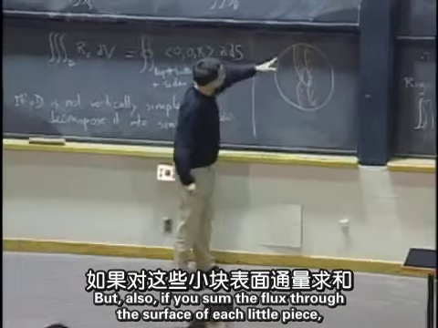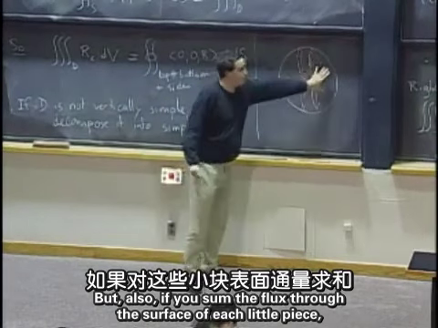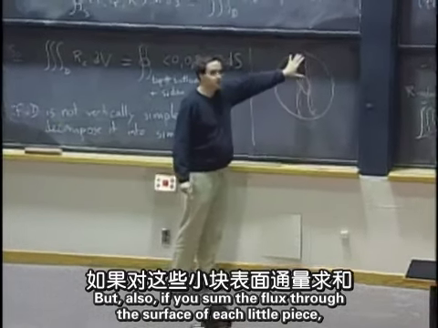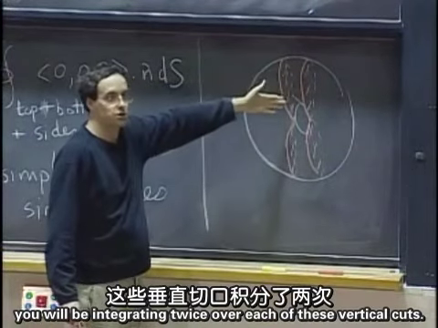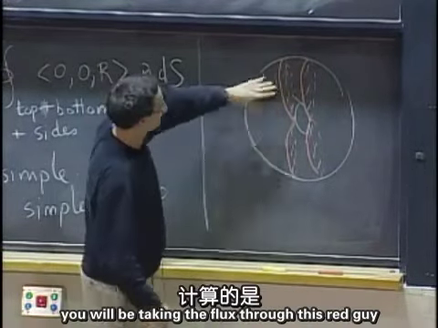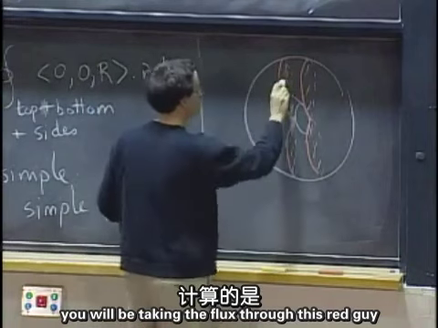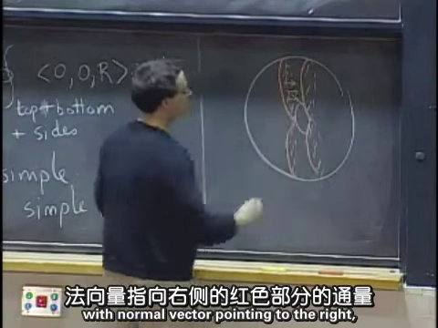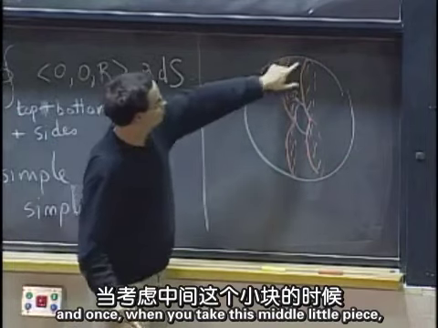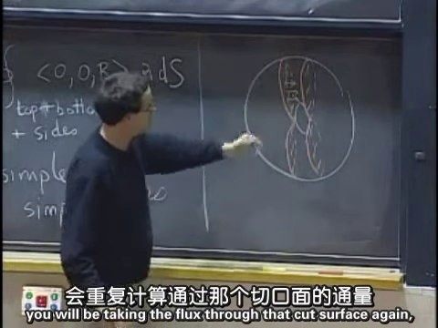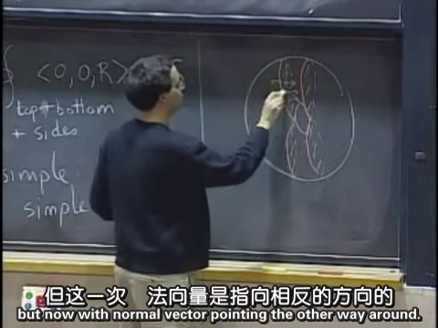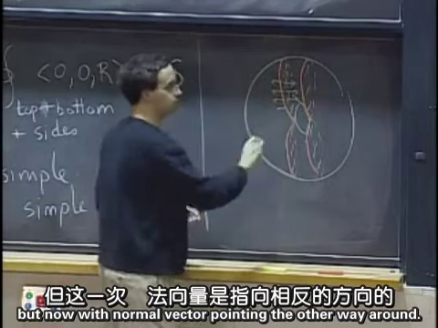But also, if you sum the flux through the surface of each little piece, well, you see that you will be integrating twice over each of these vertical cuts. Once when you do this piece, you'll be taking the flux through this red guy with normal vector pointing to the right. And once when you take this middle little piece, you'll be taking the flux through that cut surface again, but now with normal vector pointing the other way around.